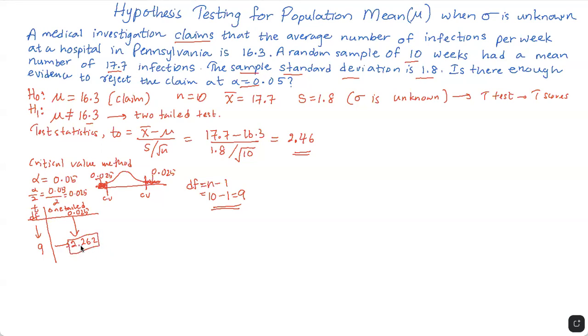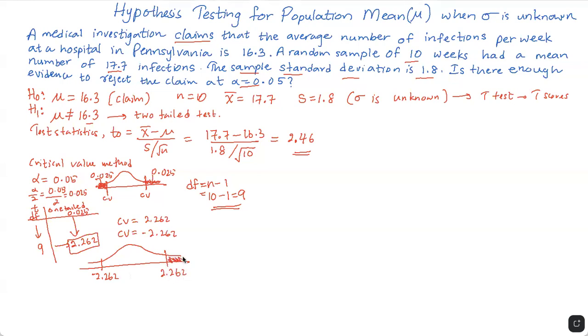So this is the positive value. The positive critical value is 2.262. The other one is negative 2.262. So you have two critical values here: one is negative 2.262, the other is positive 2.262.